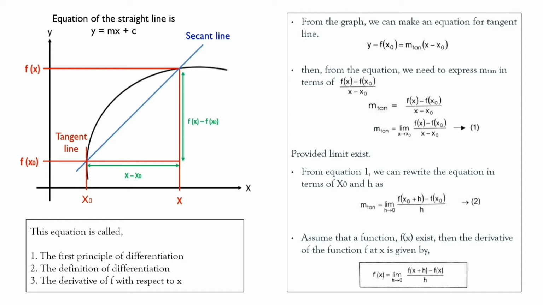Assuming that the function f(x) exists, the derivative of the function f at x is given like this. This equation is called the first principle of differentiation or the definition of differentiation, also called the derivative of f with respect to x.